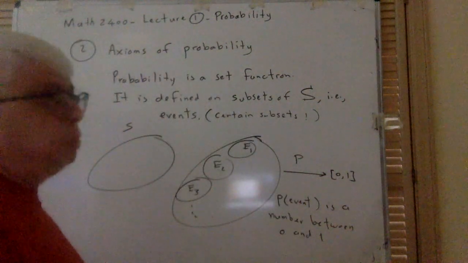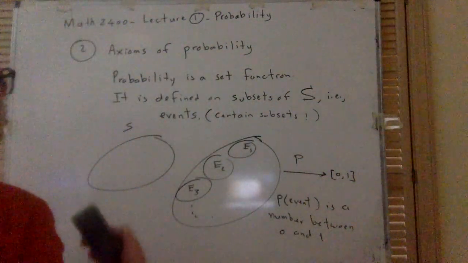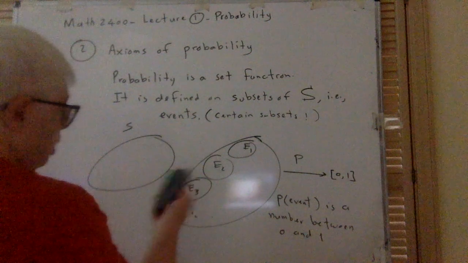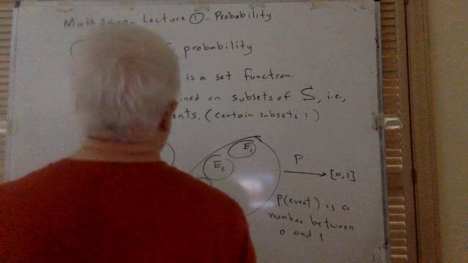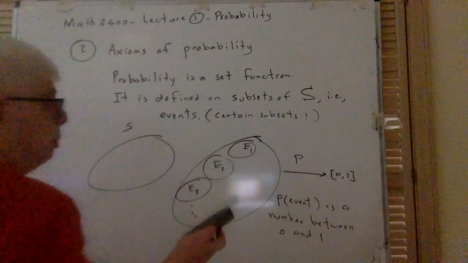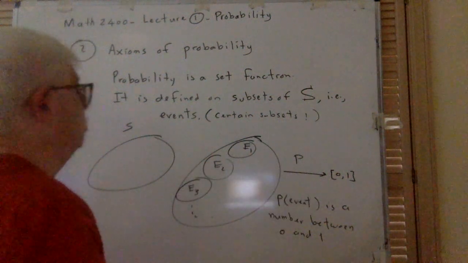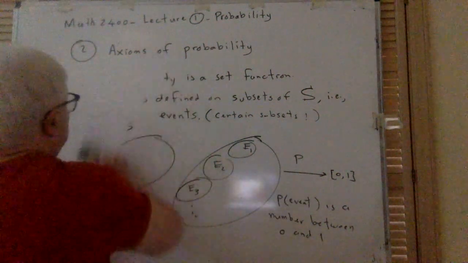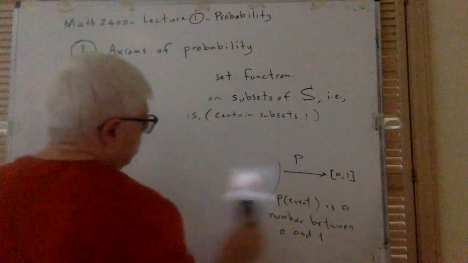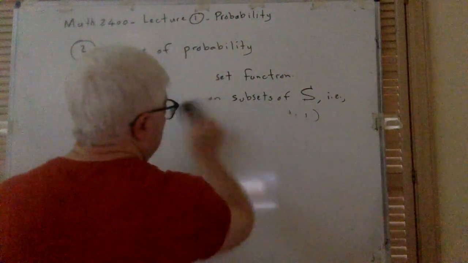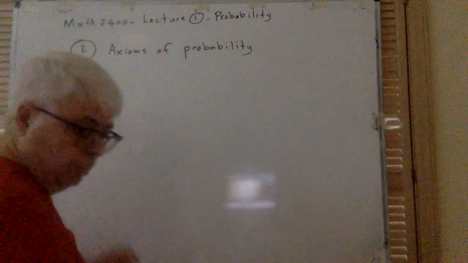That's the mathematical point of view. Well, there are some interesting things that should happen. It's not enough that it just takes any event to 0, 1. No. So let's put this in an axiomatic format.